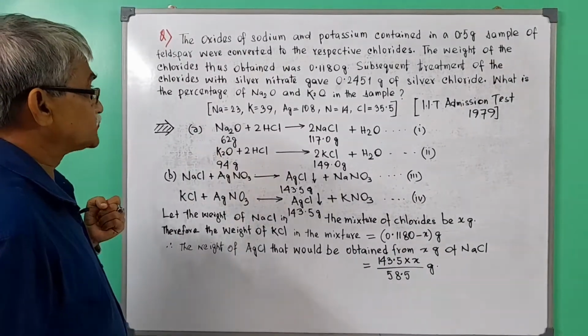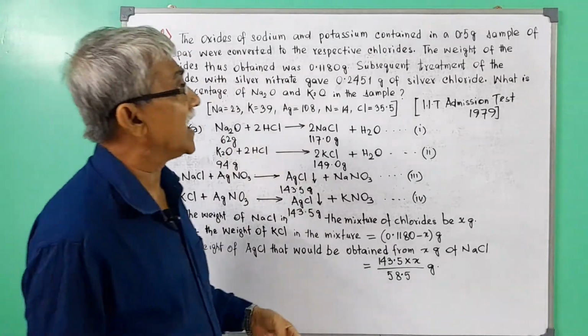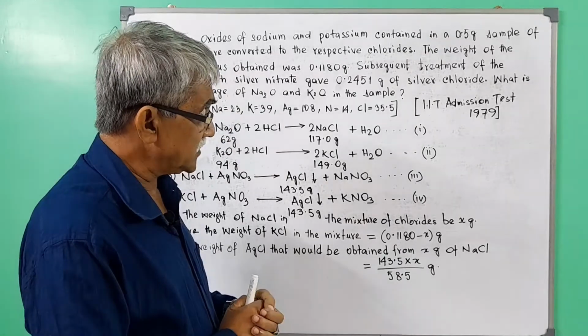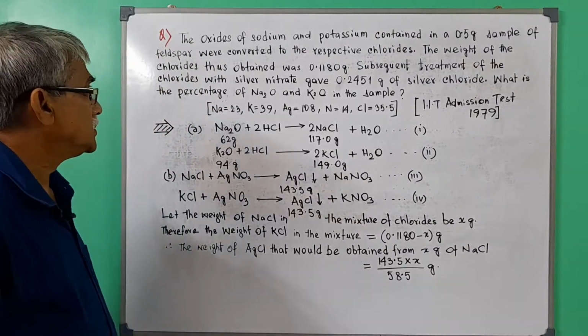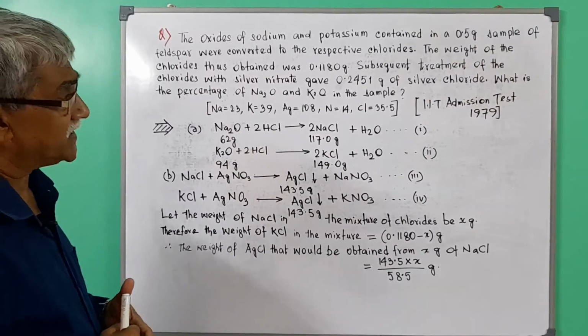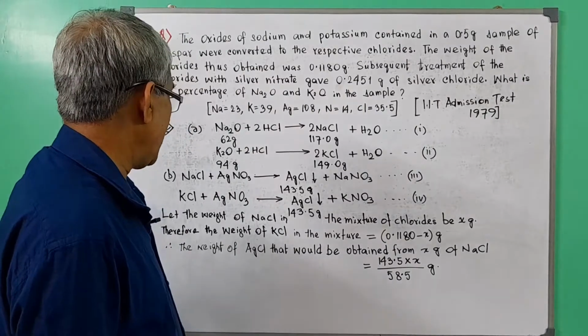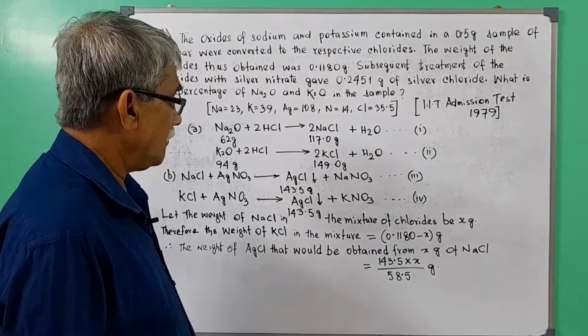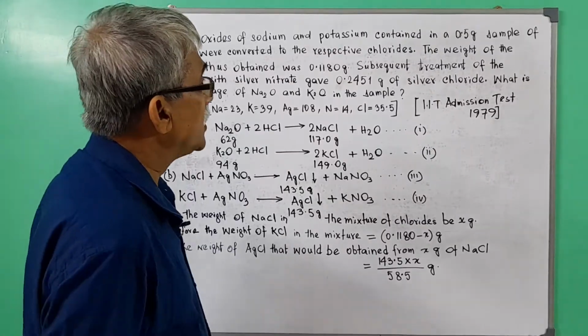So let us work out the next question. The oxides of sodium and potassium contained in a 0.5 gram sample of feldspar were converted to the respective chlorides. The weight of the chlorides thus obtained was 0.1180 gram.